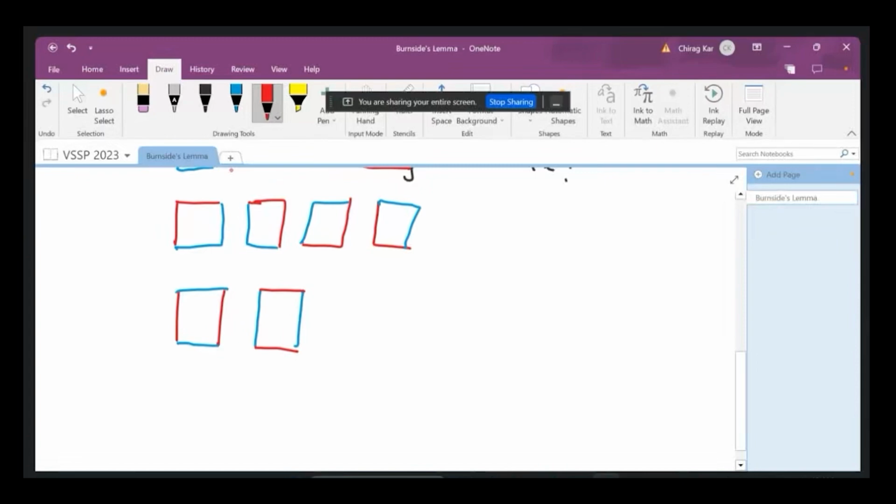So for example, we look at one blue line on the top, and then three red lines on the bottom like this. Similarly, we just look at this.